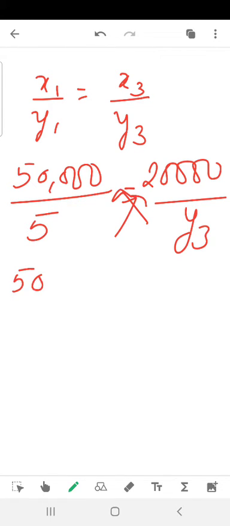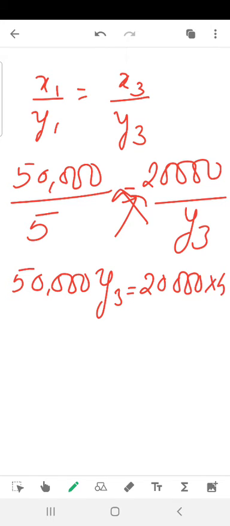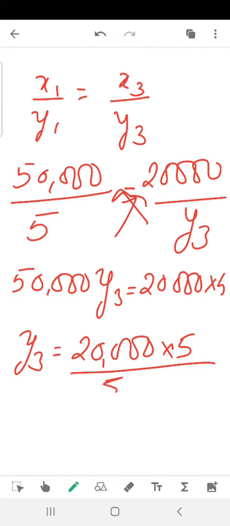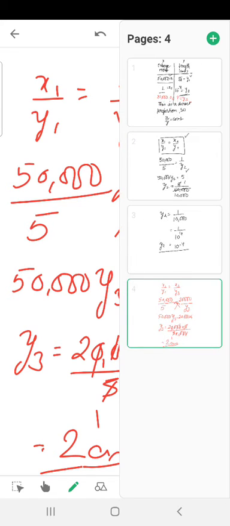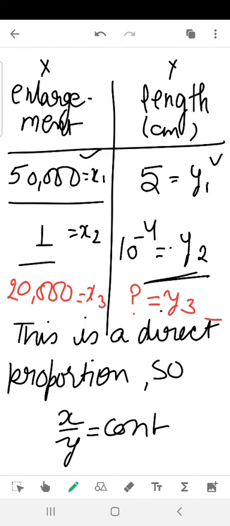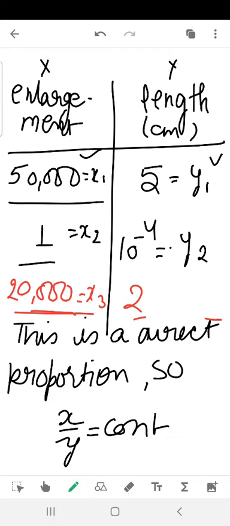You will get 50,000 y3 equals 20,000 into 5, so y3 will be 20,000 into 5 upon 50,000, which is 2 centimeters. So if the enlargement is done 20,000 times, the value of y3 will be 2 centimeters. Okay, so this is the answer.